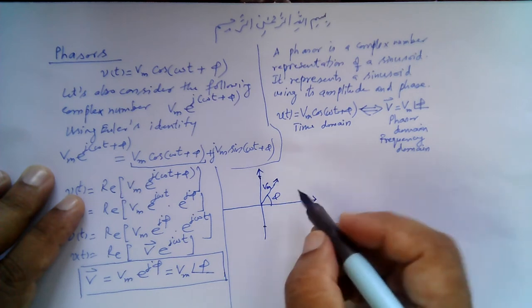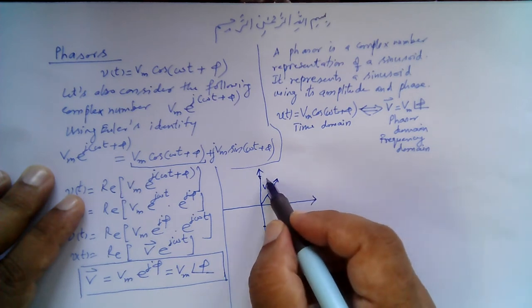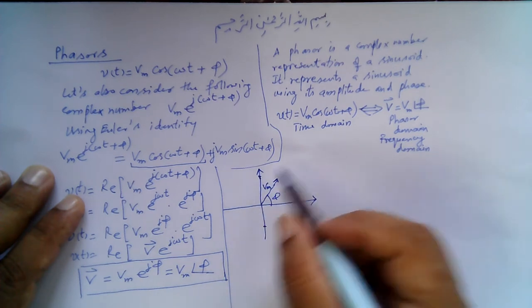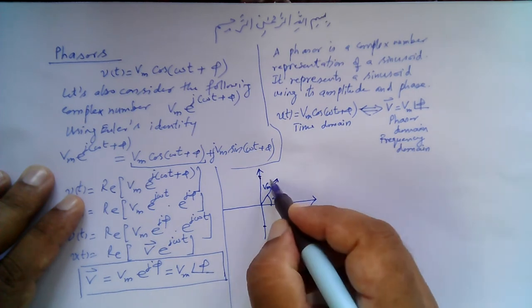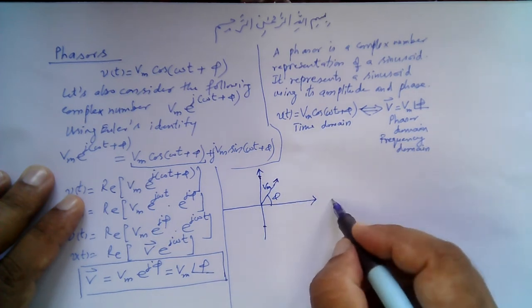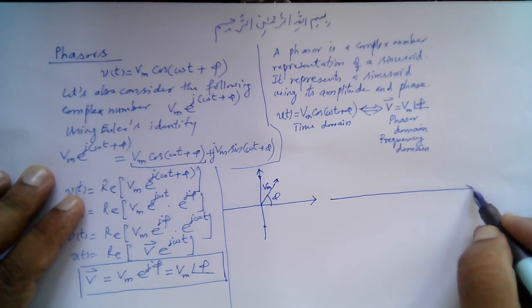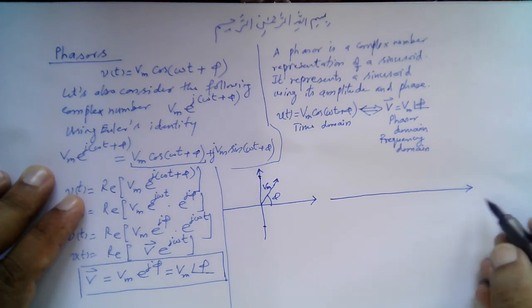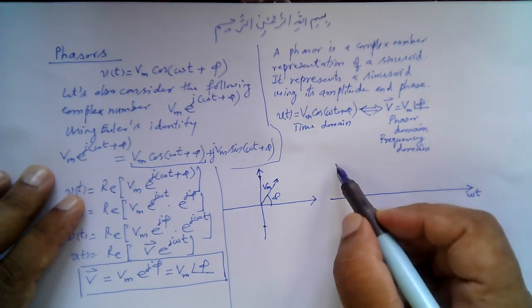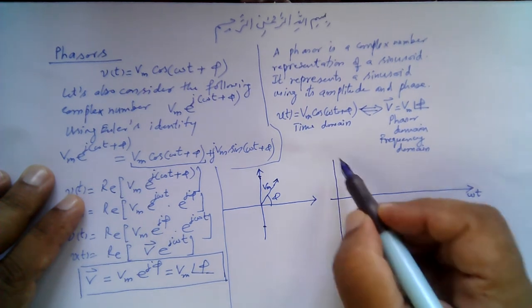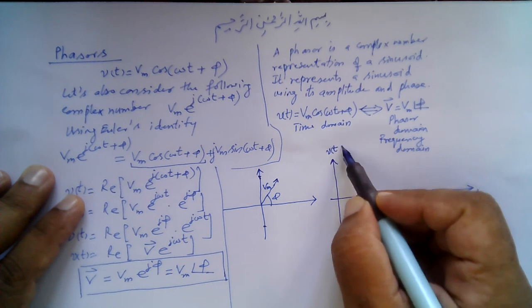And we assume that it rotates counterclockwise with an angular speed omega, right? Then we see its projection on the horizontal axis. This is omega t here, and this is v of t here, right?